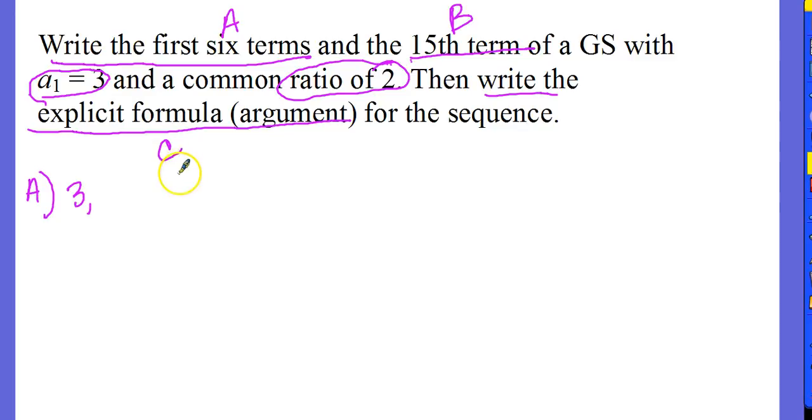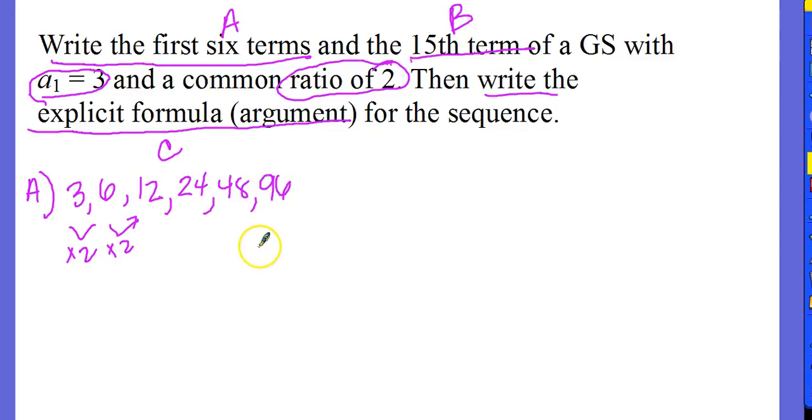And to get to the next number, we have to multiply it times 2. To get to the next number, we have to repeat that times 2. Times 2, times 2, times 2. And there are the first 6 terms in our sequence using our a and our r.